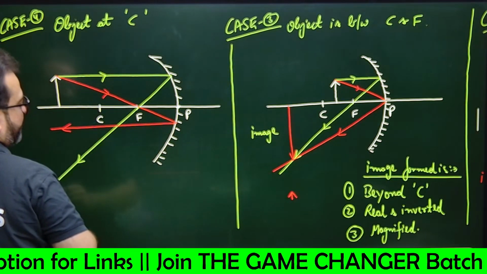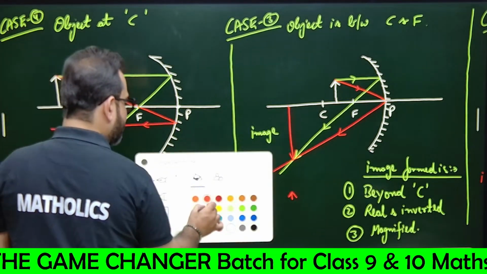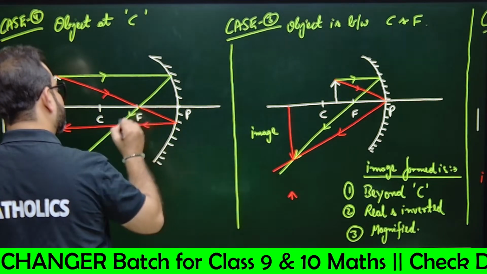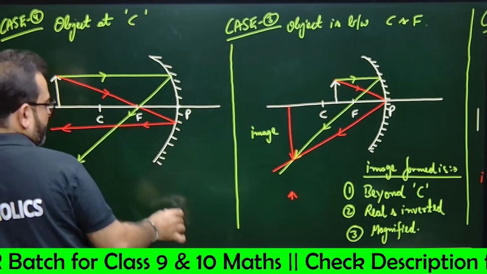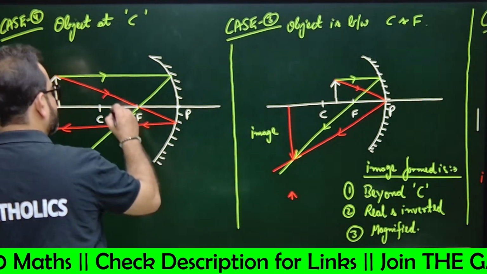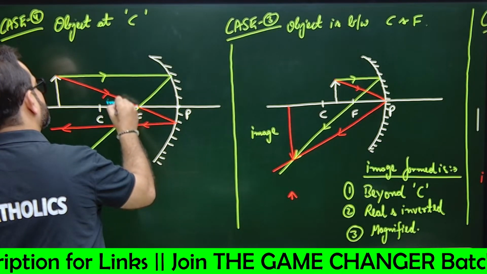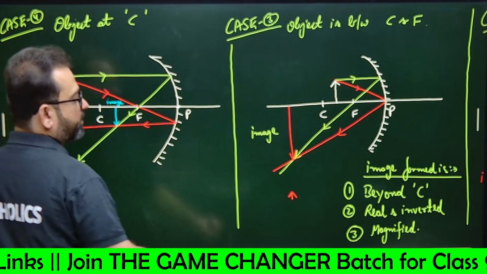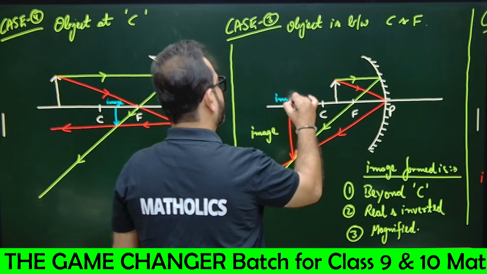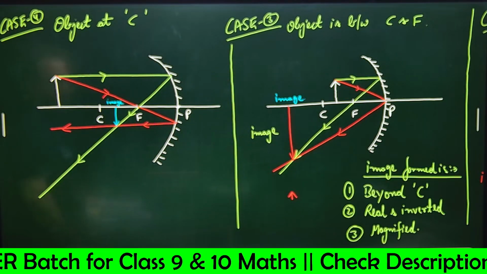So where the two reflected rays meet, this is the reflected ray, and also this is the reflected ray. They are meeting at this point. So this point will be the image. You can write down in the previous diagrams also where the image is being formed. So this is the image.